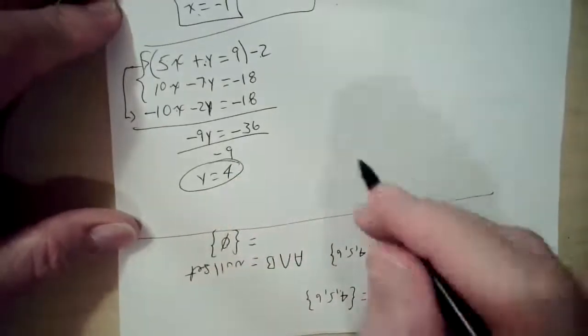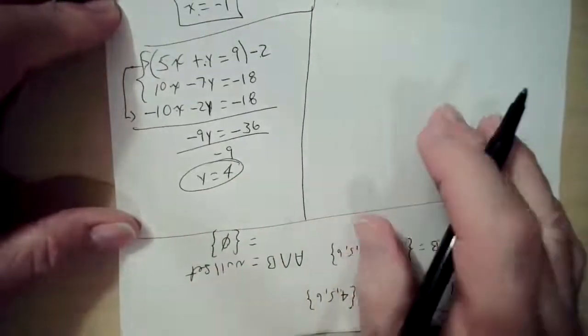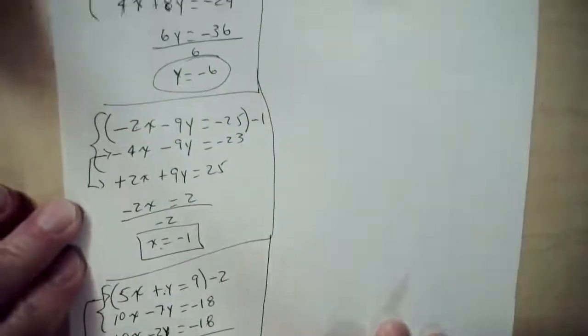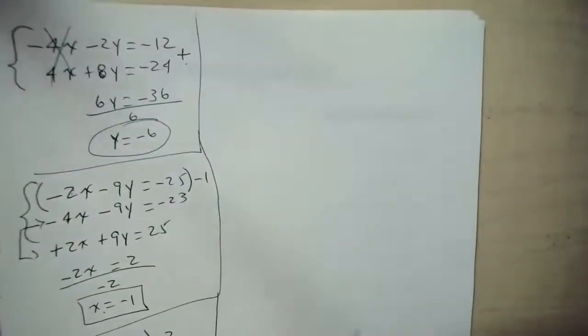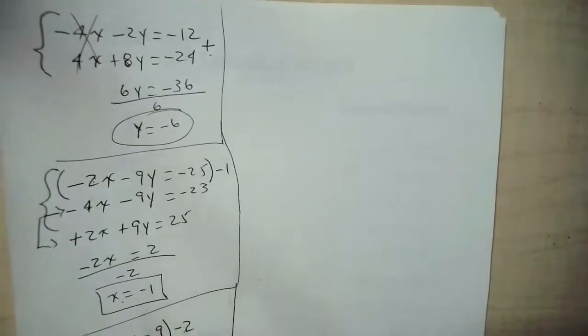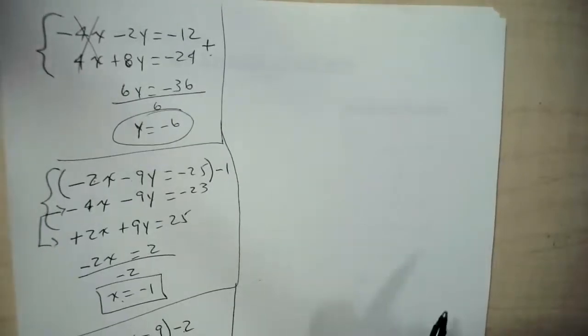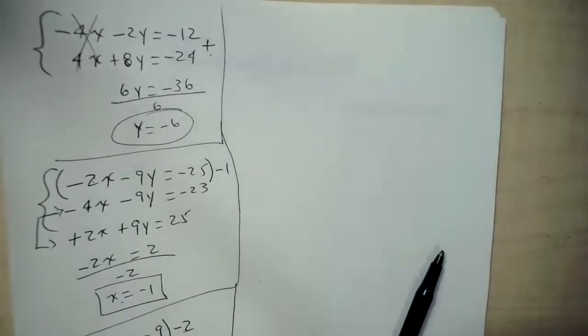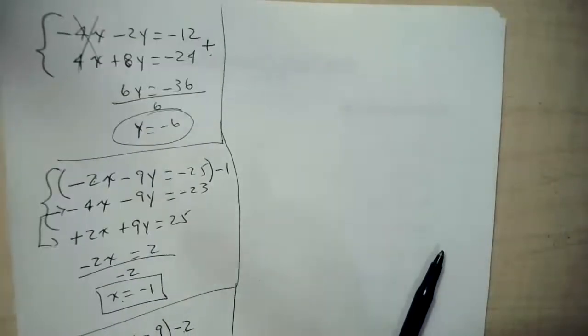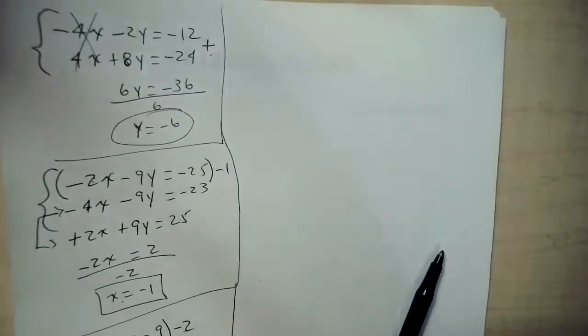Divide by negative 9, y is positive 4. It's starting to make more sense now. I'm telling you, you will prefer to do this rather than that substitution misery, but it doesn't make any difference. You can do whichever one you want. And on the final exam, it's going to say use whatever method you want.